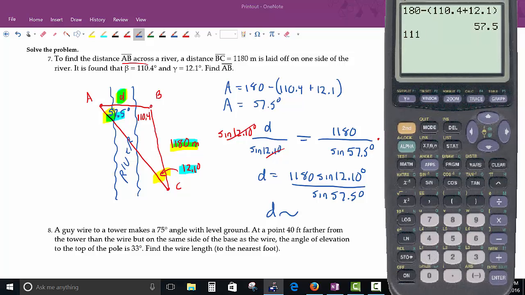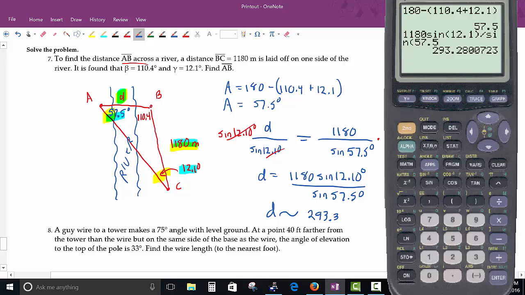So we got 1180 multiplied by sine of 12.10 degrees, and then divide by the sine of 57.5, and that will give an answer of about 293.3 meters should be what that distance is. So what we just found on here is this distance across the river is 293.3 meters. Okay, so that is the answer to the problem.